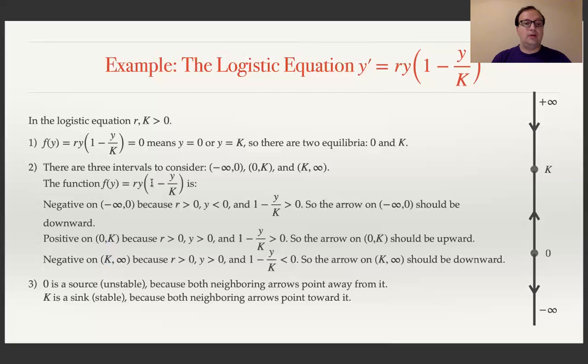And 1 minus y over k: now y is bigger than k, so y over k is bigger than 1, so 1 minus y over k is less than 0. So now we have the product of two positive numbers and one negative number. This means overall the product is negative and the arrow should be downward.